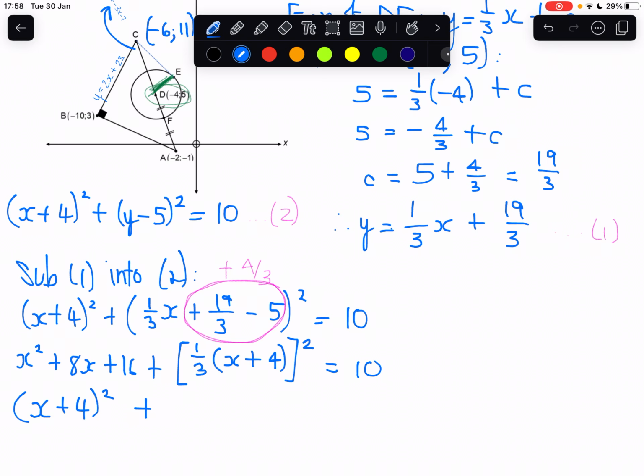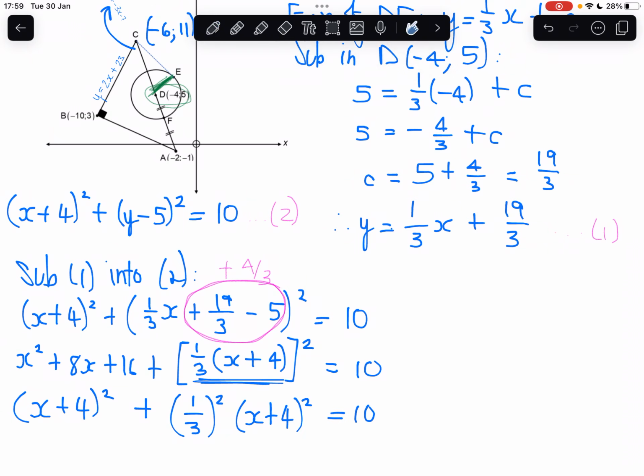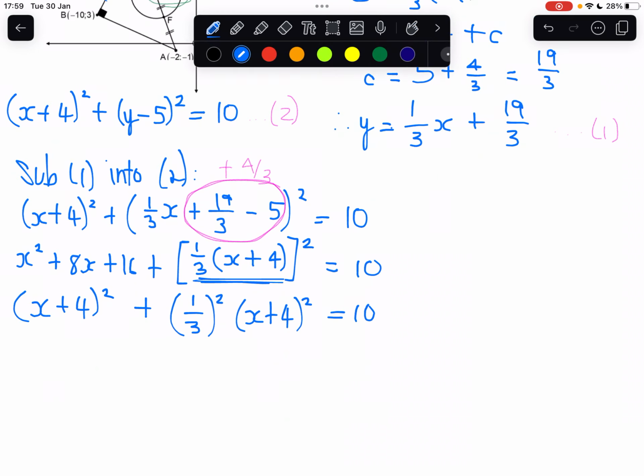So if I'm squaring this, it's like saying (AB) squared. Remember that A will be squared and B will be squared. So this is just the same as a third squared and (x + 4) squared. These two terms have an (x + 4) squared in common, so I'm going to factor that out.